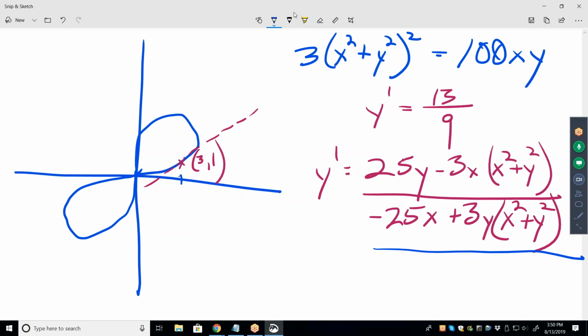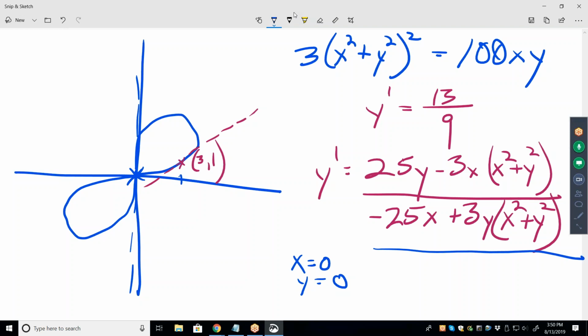So if x were equal to 0 and y were equal to 0, that's this point right here, what's the slope of the tangent line there? It's undefined. Because it's infinite. In other words, a vertical line is called undefined, but it basically is an infinite slope. And indeed, we can see that is a vertical line.